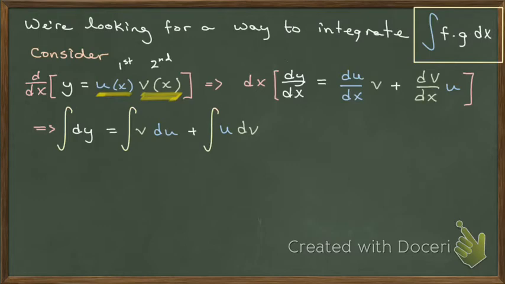And the way this is going to work is the derivative of y integrates to be just y. And each of these guys also has an integral in front of them, right? I don't exactly know how to integrate each one of those pieces just yet. But what I notice is that both of those integrals on the right-hand side look like f times g.